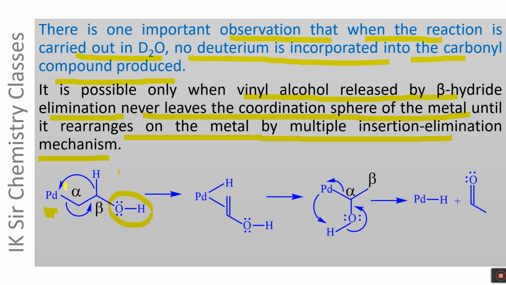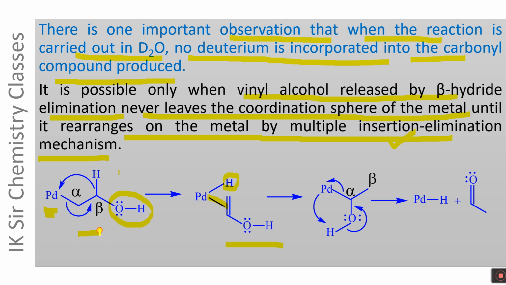Beta hydrogen is transferred to the palladium atom and vinyl alcohol is obtained, which does not leave the coordination sphere. Vinyl alcohol is still attached to the palladium atom until it tautomerizes into the final product as a result of multiple insertion elimination reaction.